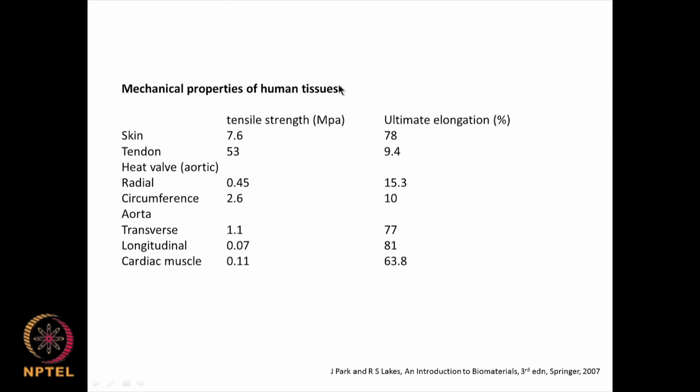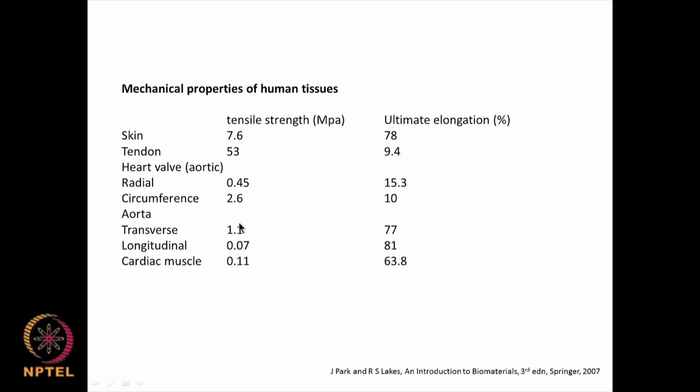If you look at mechanical properties of human tissues, for example skin, tensile strength is very low, 7.6 megapascal, ultimate elongation is 78%, that is before it breaks it can elongate quite a lot. Look at tendon, tensile strength is 53 megapascal, ultimate elongation is 9.4. Heart valve, aortic, radial, tensile strength is 0.45 megapascal, if it is circumferential it is 2.6 megapascal.